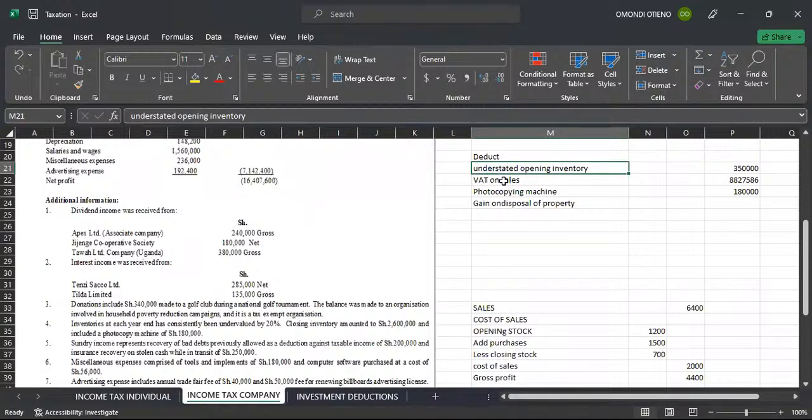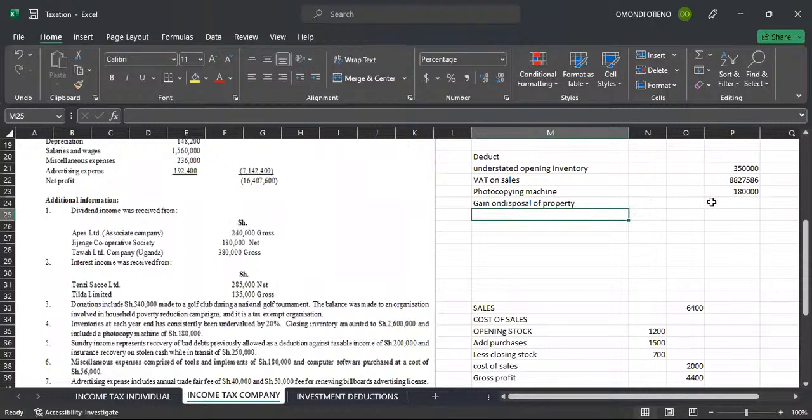The only thing we are allowed to use to reduce the taxable income is the investment allowance that we are going to charge against the photocopying machine. We look at that table and check the rate which is operating. Then we subject the value of this photocopying machine to get investment allowances, which we are going to take care of in this particular place.